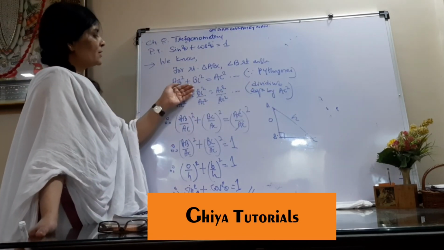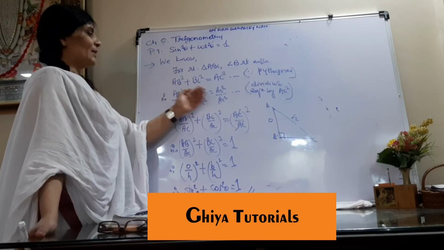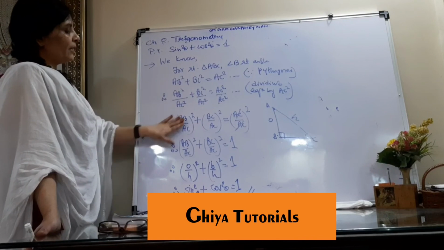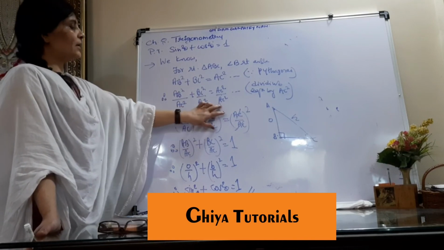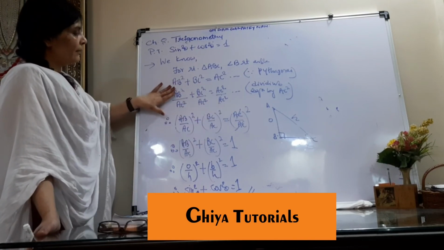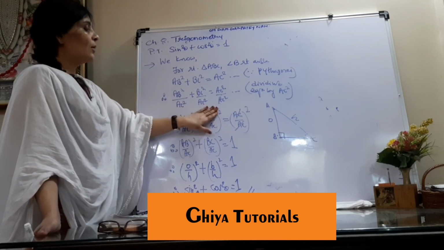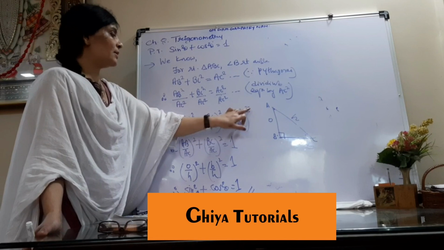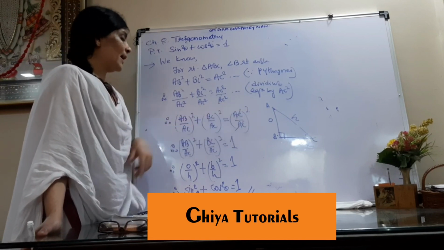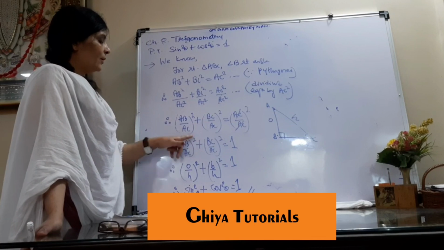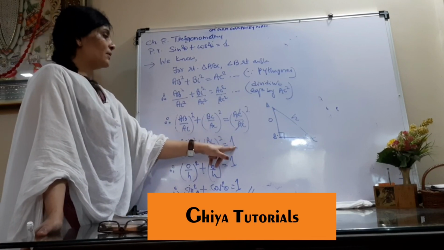AB square upon AC square plus BC square upon AC square equals AC square upon AC square. So it becomes AB upon AC whole square plus BC upon AC whole square equals AC upon AC whole square. AC gets cancelled, so here it becomes 1.